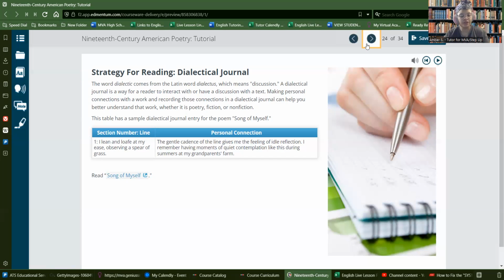And then they give you a little background on just how and why it's named the way it is. Dialectic comes from the Latin word dialectus, which means discussion. So it's basically you having a discussion for yourself with the text.